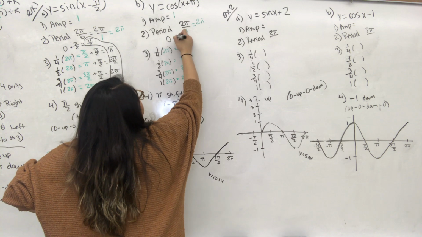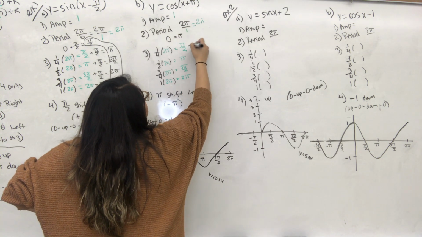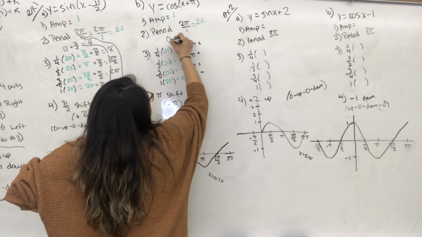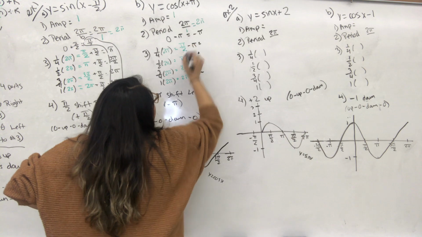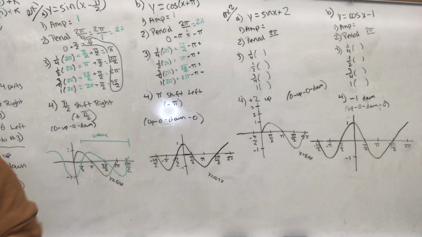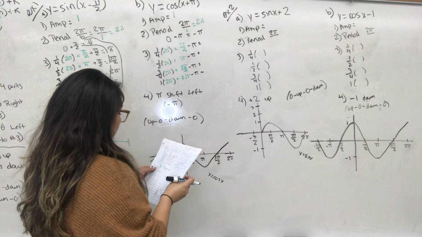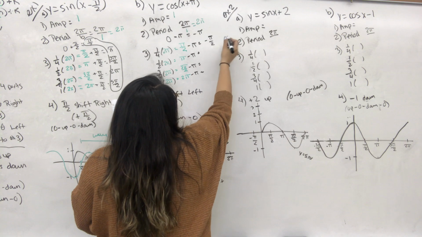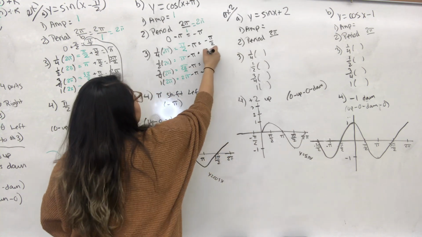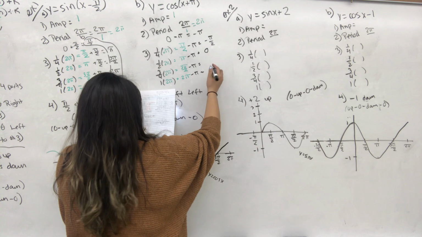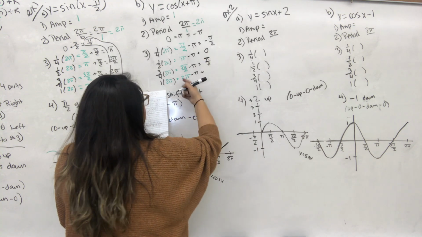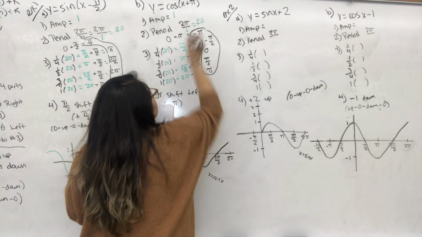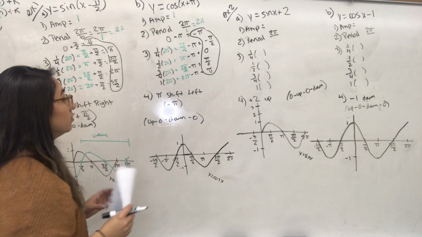So I'm going to subtract π radians from each one of these. 0 minus π is negative π. π over 2 minus π, so 1/2 minus 1 is negative π over 2. π minus π, I get 0. 3 over 2 minus 1, I get π over 2. 2π minus π, I just get π. And these will now be my new points because I subtracted, because of that shift that's going on with my graph.